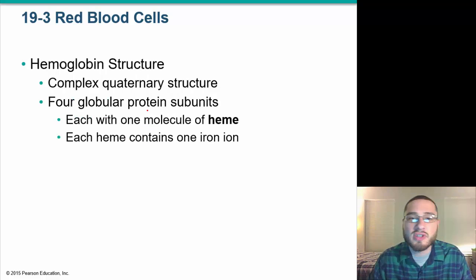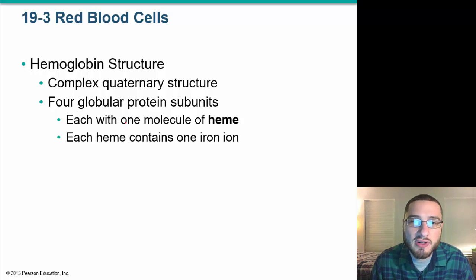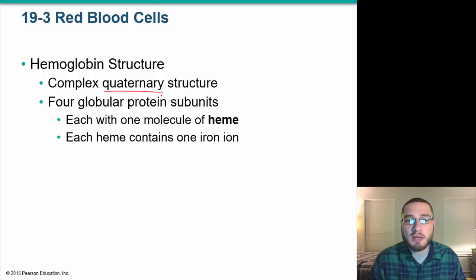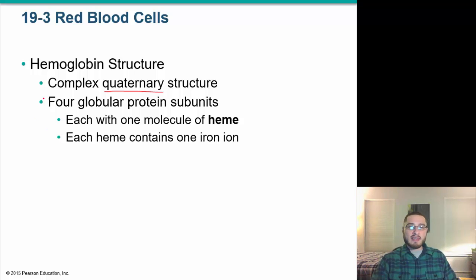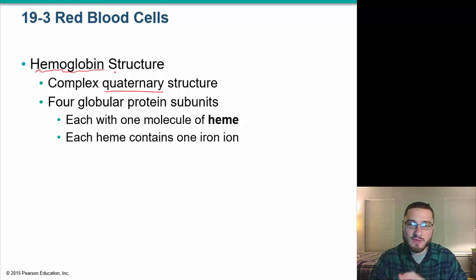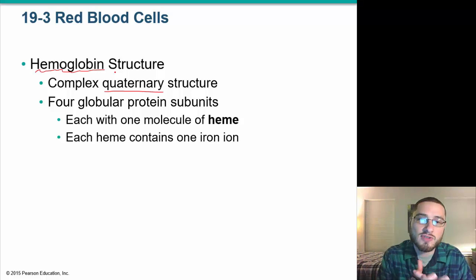When we look at the hemoglobin structure, it has this complex quaternary structure. We talked early in the year about proteins, how they have that primary, secondary, tertiary, and quaternary structure. Hemoglobin is a very complex protein, a long chain of proteins, and the shape of the structure is very important.